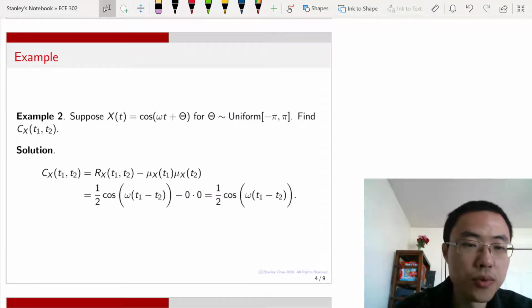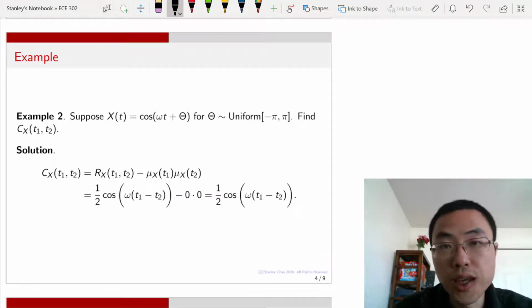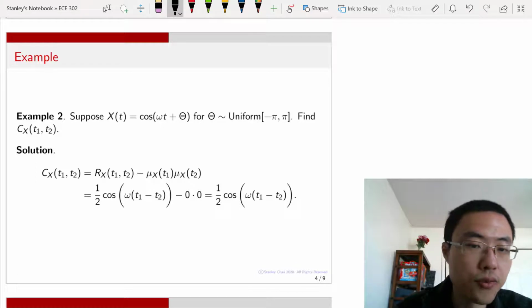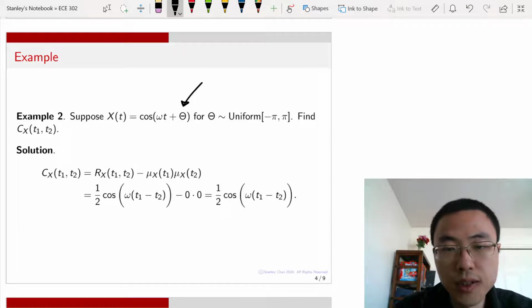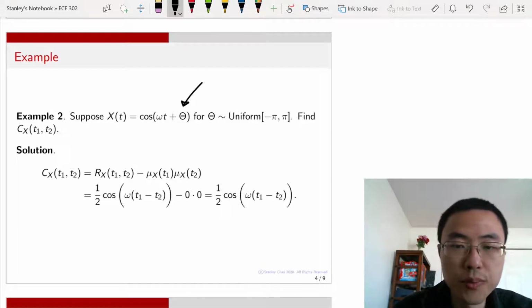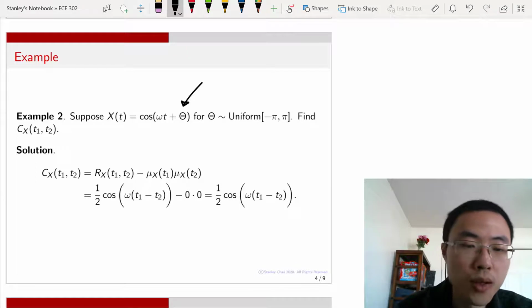The other example is the autocovariance function for this random phase problem, where you have this random phase theta here, where theta is distributed uniformly from minus pi to pi. And so we can calculate this autocovariance function, which is defined as the autocorrelation function minus the two means. What is the autocorrelation function?